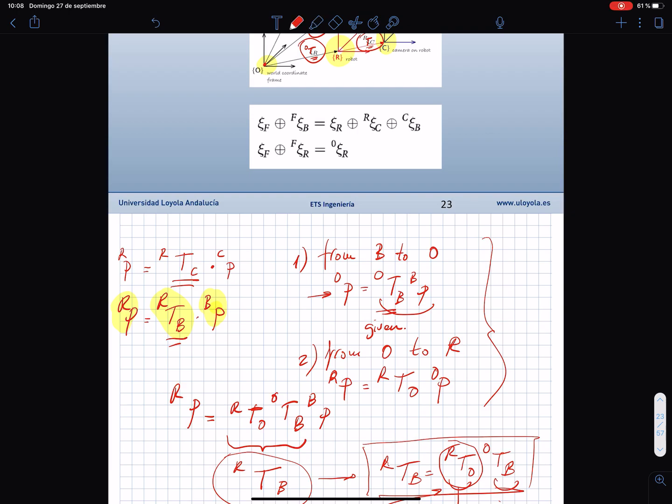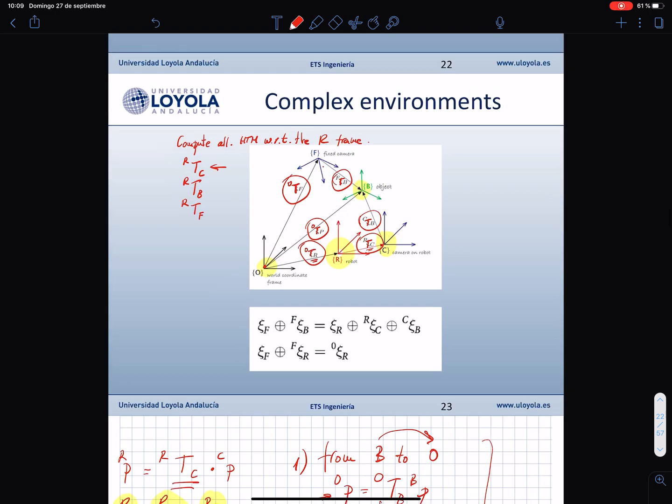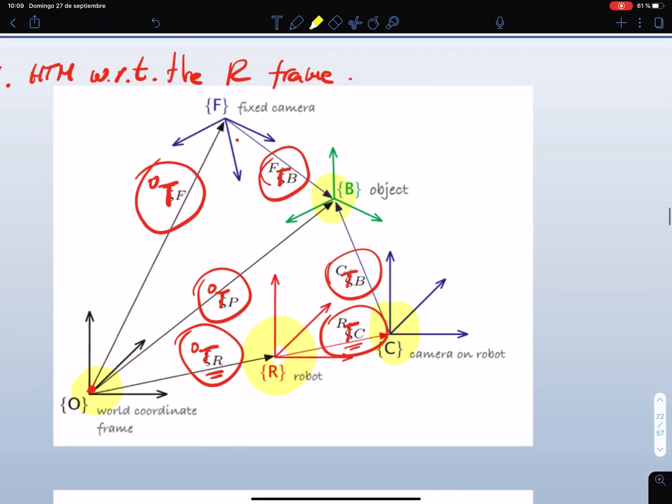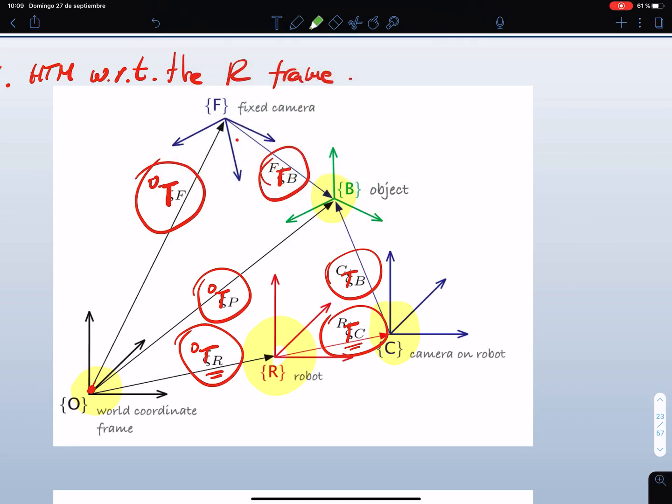But in order to find it, we observe that we don't have a direct change from B to R, but we have an indirect change from B to 0, and then a change from 0 to R. So we make this path. Let's take a look at it in the drawing. I'm going to highlight that in green. From B to R, first we go from B to 0, and then we go from 0 to R. And we observe that in that path we have these two matrices.